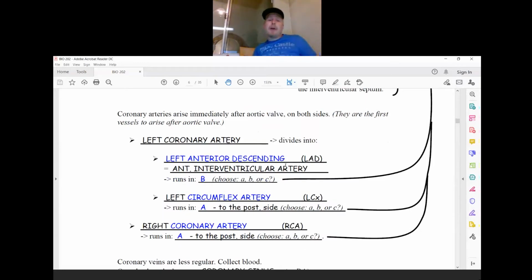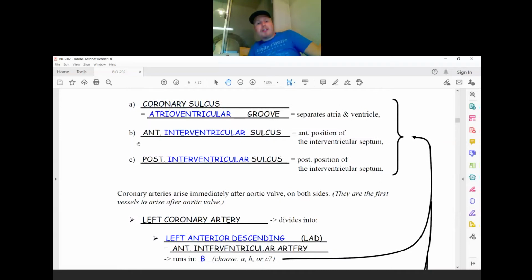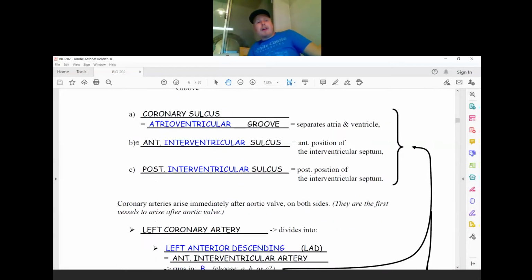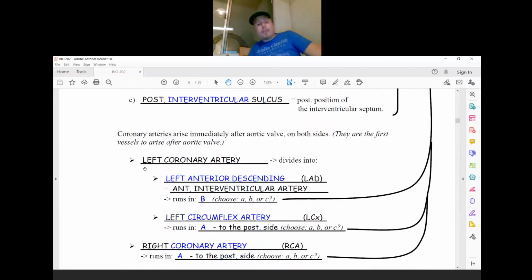It depends whether you're looking more at an anatomy and physiology textbook or more at medical practice. And I've added there where it runs. And these letters A, B, and C would refer to these coronary landmarks that we looked at, these depressions on the heart surface.